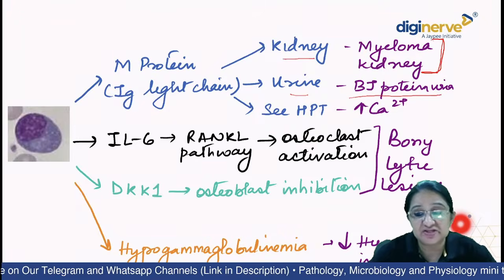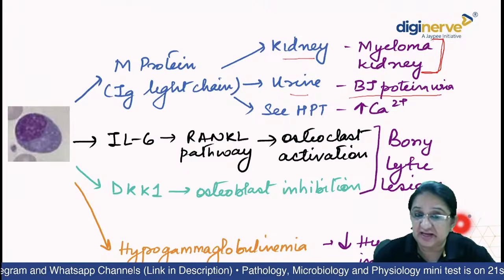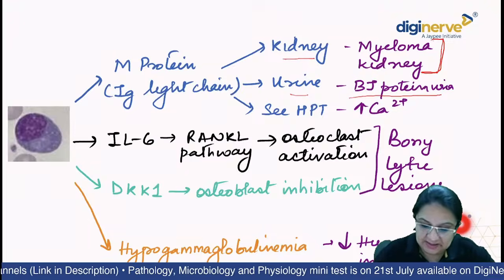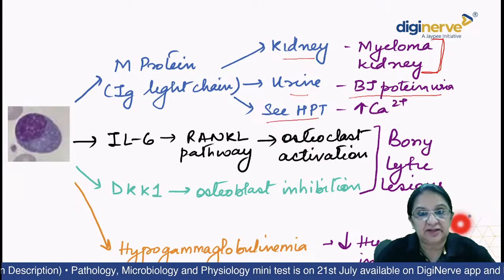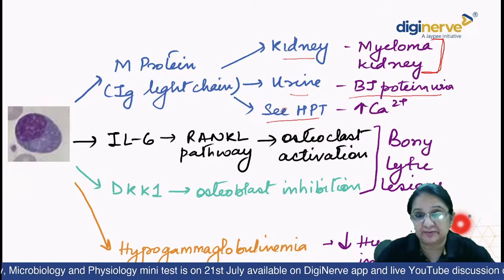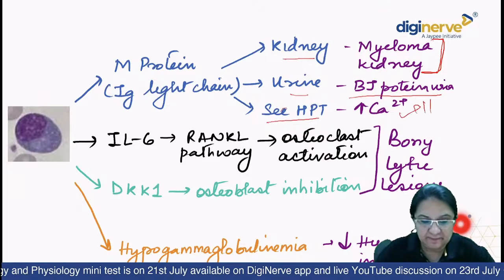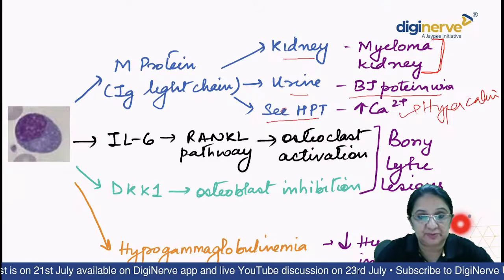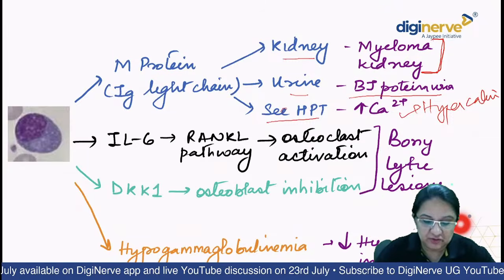What is Bence-Jones proteinuria? Basically, it's a free light chain. Free light chain. All right. And it will result in secondary hyperparathyroidism, resulting in hypercalcemia or increased calcium level. These are the effects of your M protein.